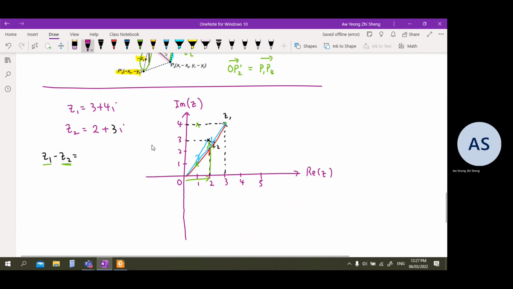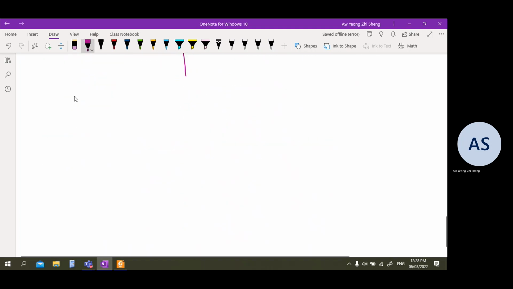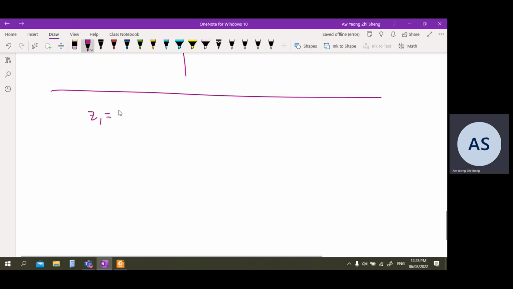Okay, wait, I think I better change the number so that the diagram doesn't look so messy. Let me just try again. Z1 is 3 plus 4i, and let's say Z2 is a simple 2 plus i.